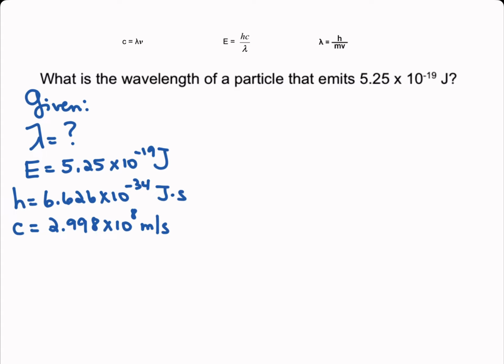All of my units are correct. So the formula is energy equals hc over lambda. I'm going to plug in what I do know.